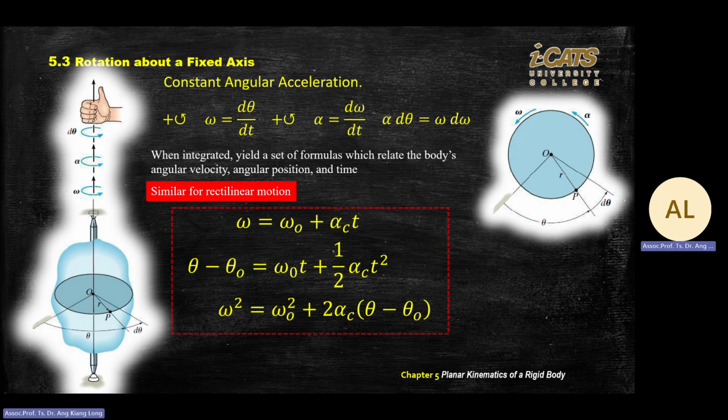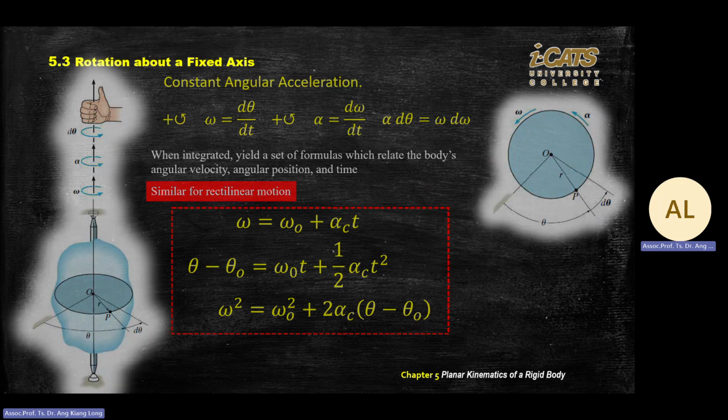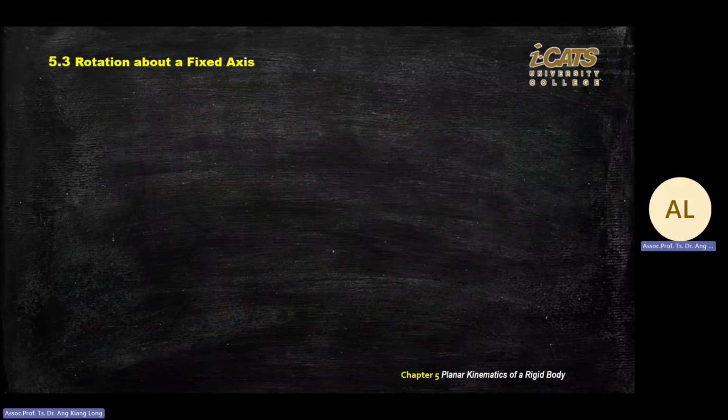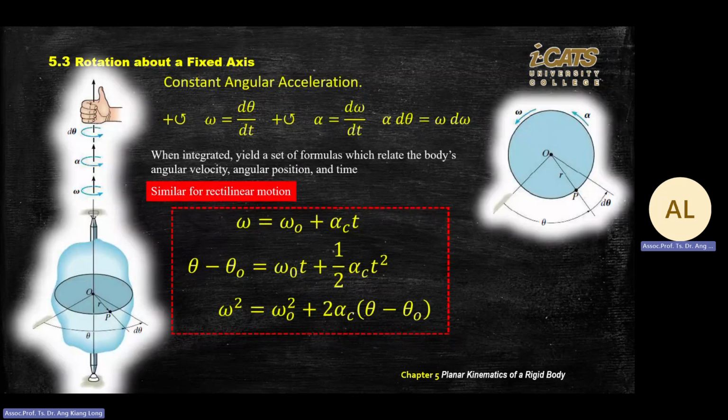Okay. So important, these are the important formulas for chapter 5. So this is the fundamental formula for rotation about the fixed axis.